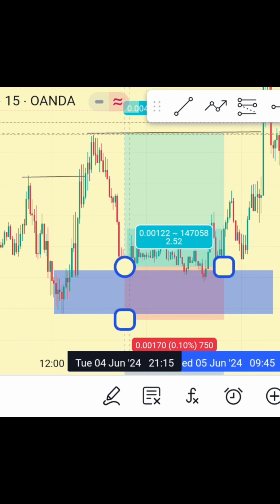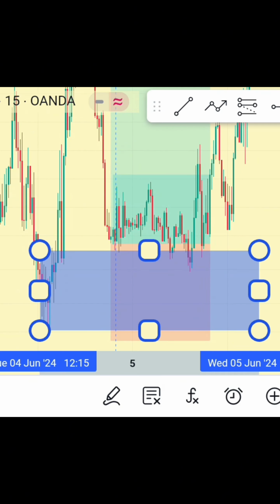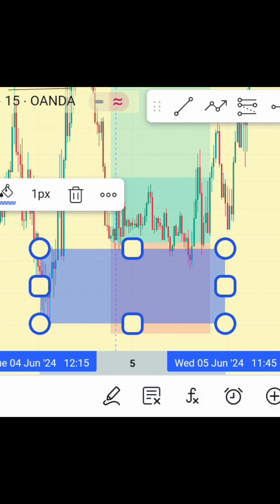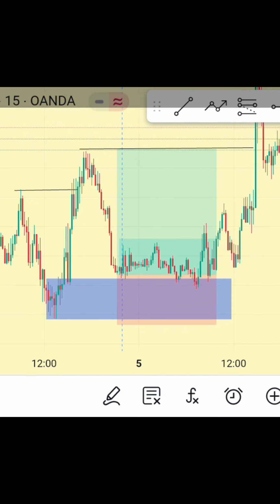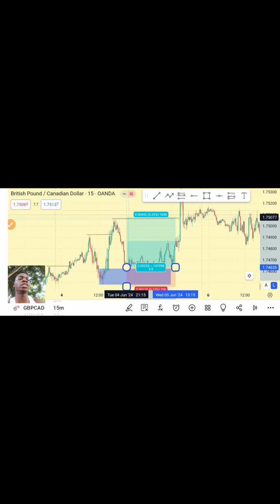As you can see, the market came and took us in. As it took us in, it rallied to our TP zone, which is the nearest high or the liquidity sweep zone.